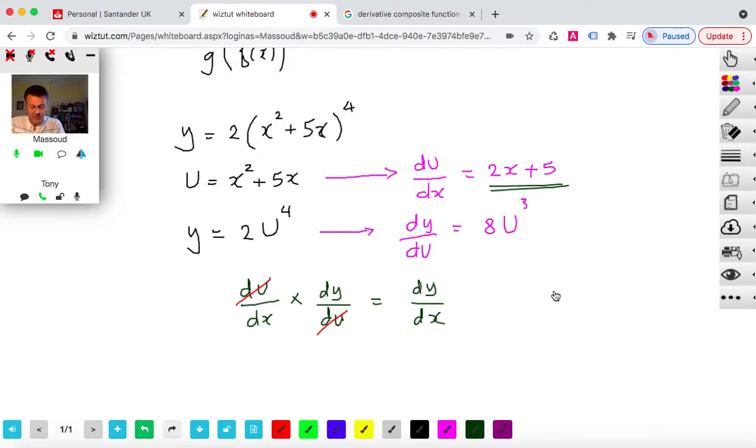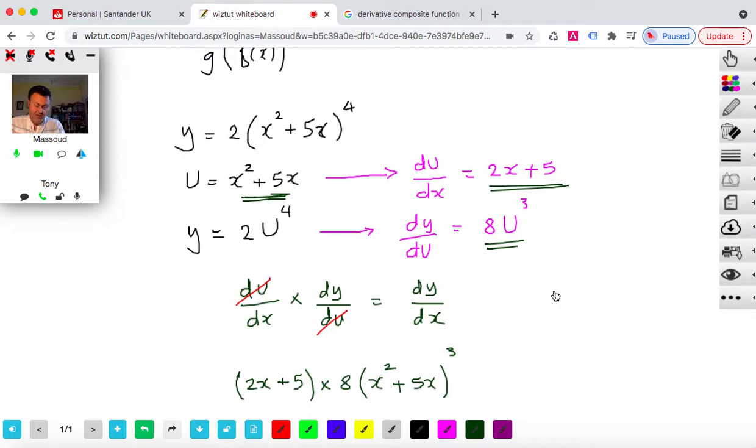So basically it would be 2x plus 5, and dy/du is this, but of course we want to write this in terms of x, so that would be multiplied by 8 times, and remembering that u was x squared plus 5x, to the power of 3.